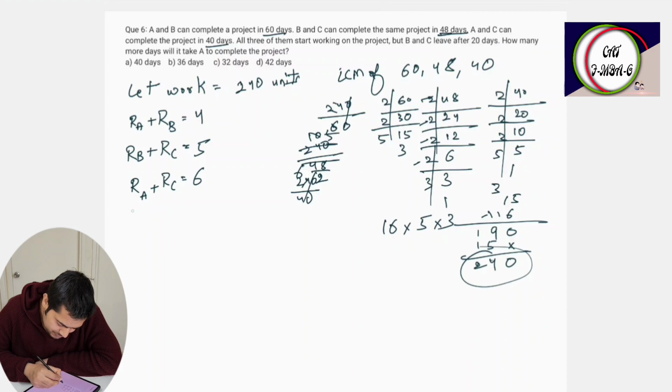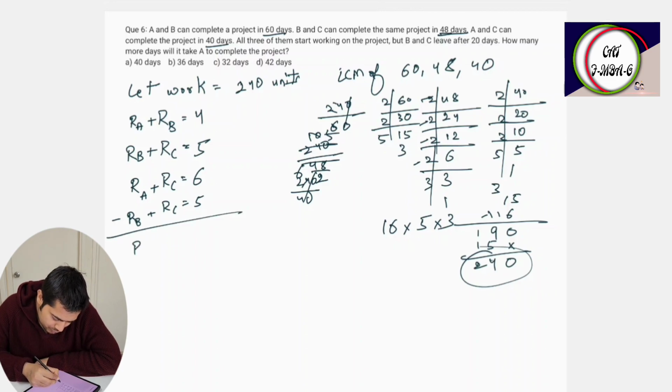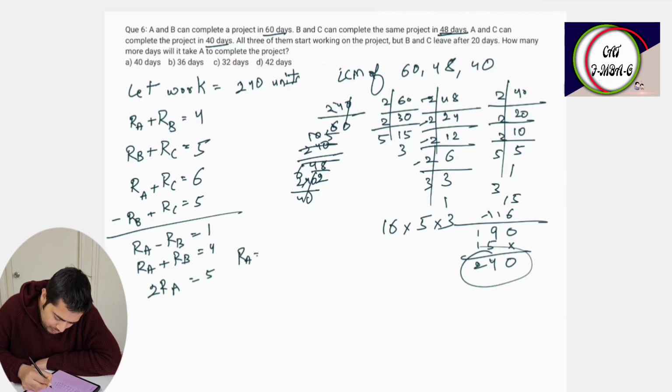Taking the rate of B plus rate of C as 5 and the rate of A plus rate of C as 6, subtracting gives RA minus RB is equal to 1, and RA plus RB is equal to 4. Adding these two equations, 2RA is equal to 5, so RA is 2.5.